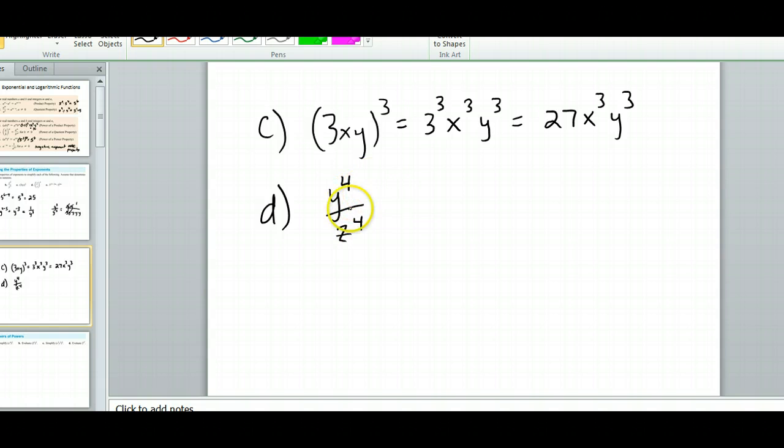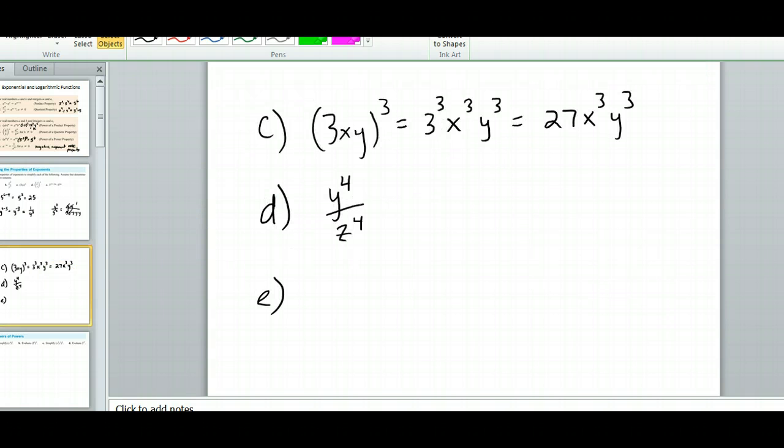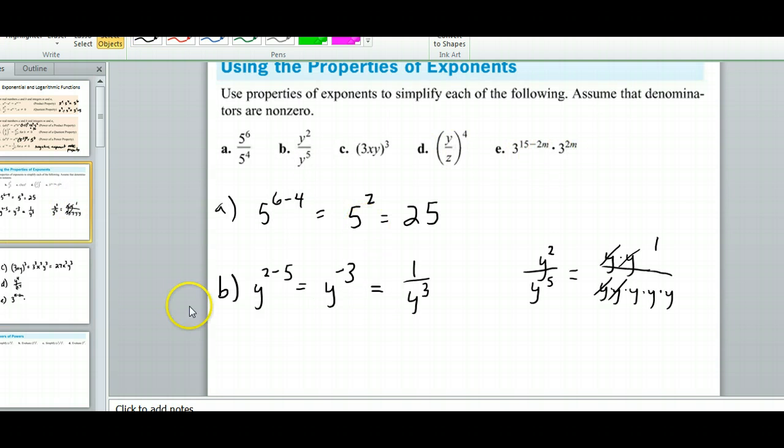Alright, and we can't do anything because we don't know what y and z are. And then for part E, I got 3 raised to this expression power, 15 minus 2m, and that's being multiplied by 3 to the 2m power.